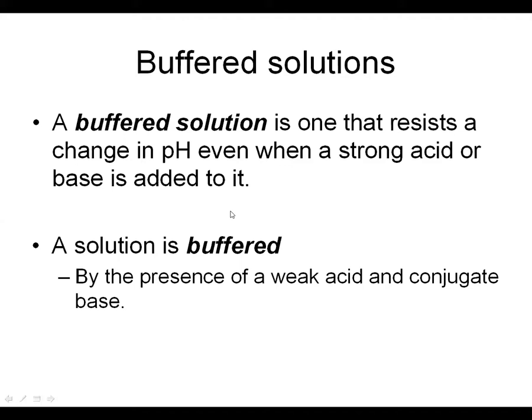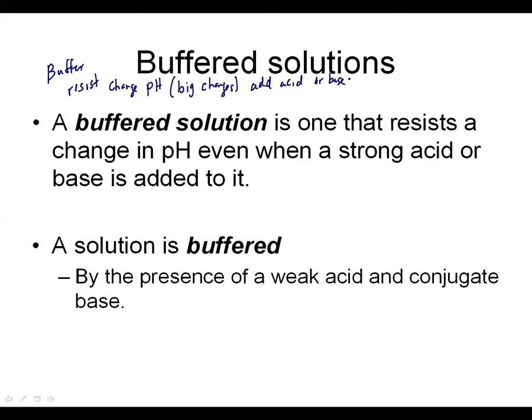So what we're talking about when we have a buffer solution is a buffer is able to resist that change in pH. When we talk about that change in pH, we're talking really about big changes in pH, when we add either more acid to it or base to it.